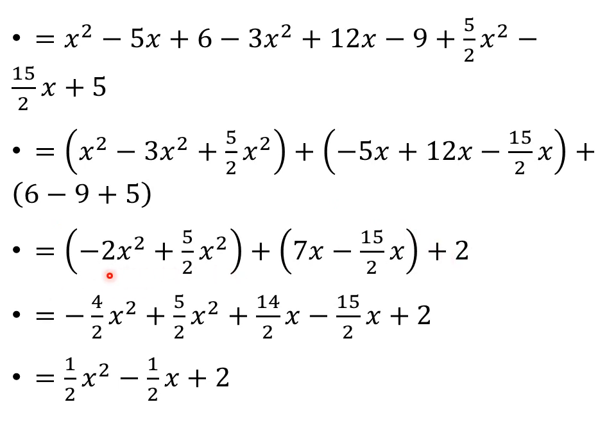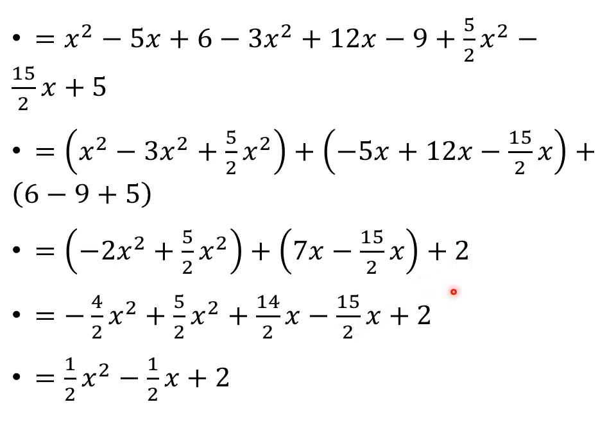Now you can see here how we can simplify. You can do cross multiplication. You can take the LCM. If we take the LCM, then you can see here we write minus 4 x squared plus 5 upon 2 x squared. The plus sign we write the same. You can see here we can multiply by cross multiplication or the LCM method. 2 times 7 is 14, 2 times 1 is 2, minus sign 15 upon 2 x.